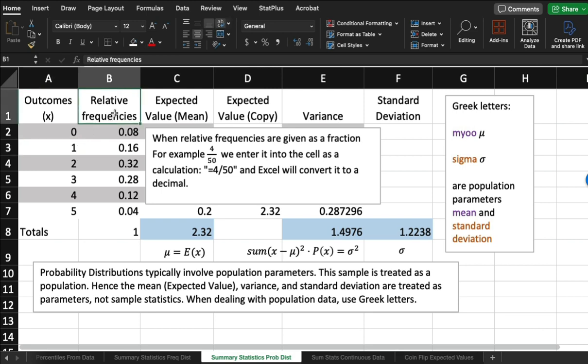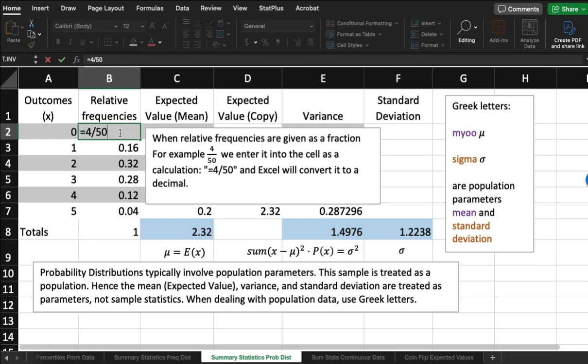In column B, we have our relative frequencies. I went in and calculated them, even though those numbers were given to me as a fraction. The information that I had in front of me said that the probability of a 0 was 4/50, or 4 out of 50.